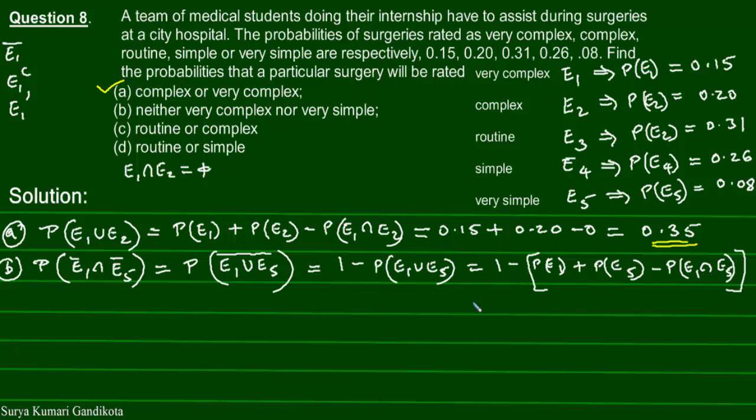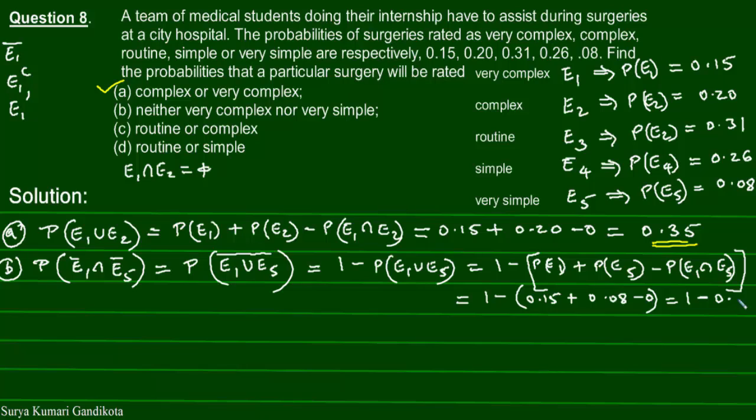So, we shall put the values. This is equal to 1 minus P of E1, 0.15, plus P of E5, 0.08, and this is of course 0. So, this is equal to 1 minus 0.15 plus 0.08, which is 0.23.